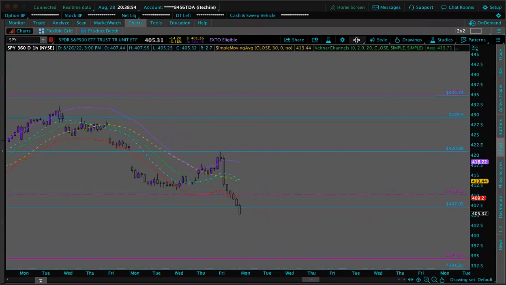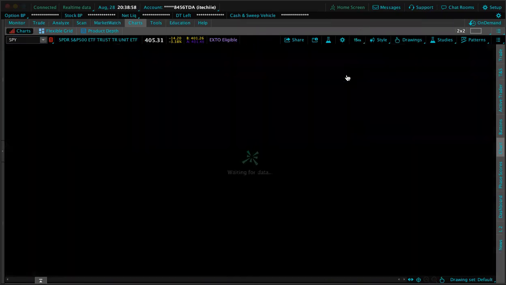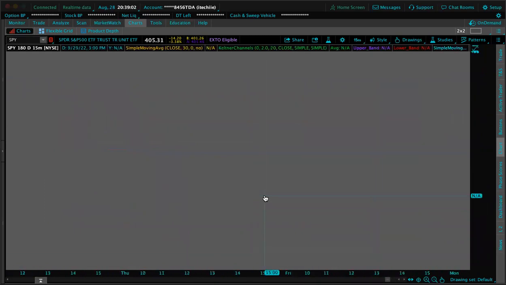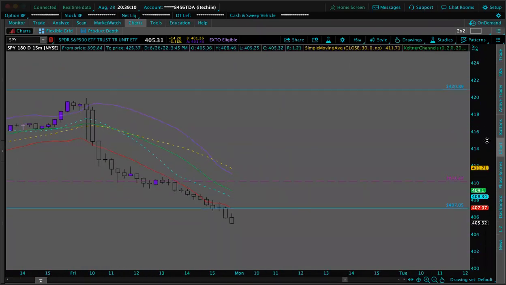This is an hourly, so we're going to go 15-minute. This is from last week, SPY Friday. Looking at this chart alone, let's say you made a couple of errors Friday and you're like, damn, it was saying go short.